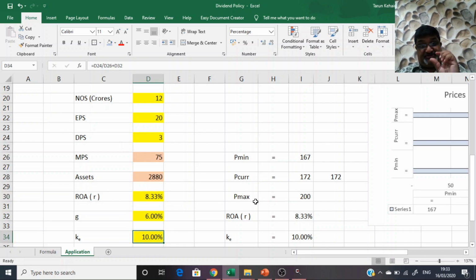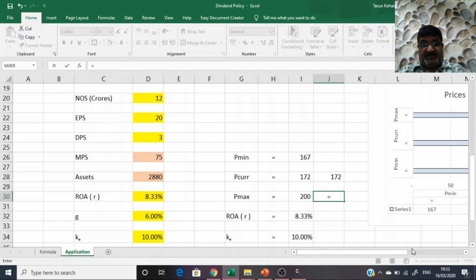That means share price should ideally be maximized when the entire earning is distributed, which means your dividend per share should actually be 20, and the other component E minus D will become 0 because E will be equal to D. So I divide 20 by the cost of equity of 10%. The maximum share price is 200, as I have denoted here.